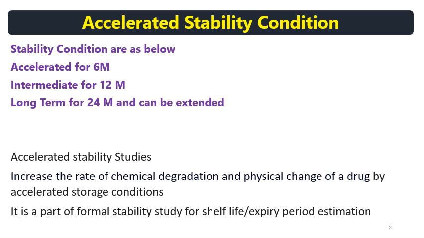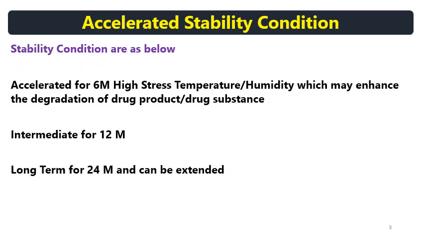Then accelerated stability conditions are part of the formal stability study, and these studies are required for shelf life period determination and expiry period estimation. Generally, accelerated conditions, as they are done for 6 months, are a shorter duration study.